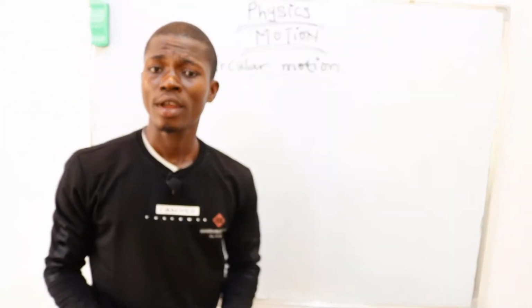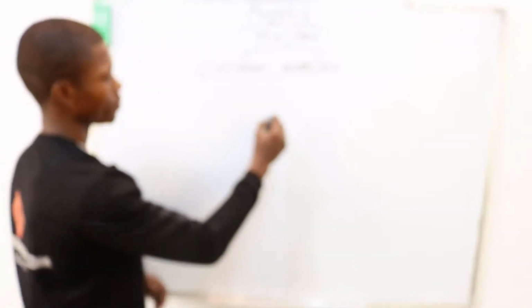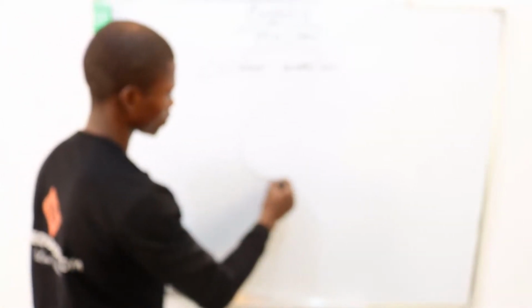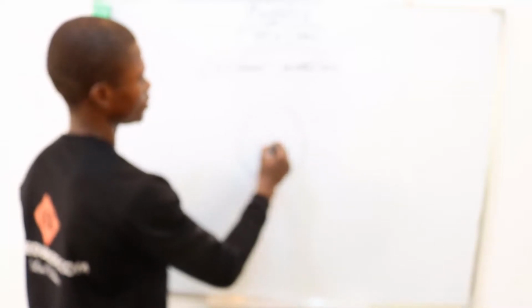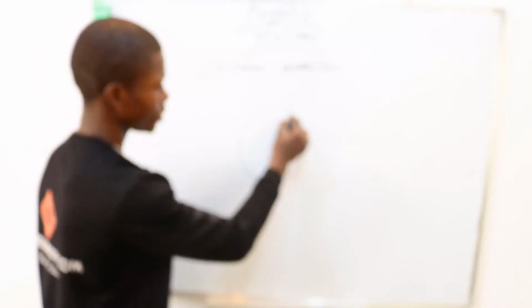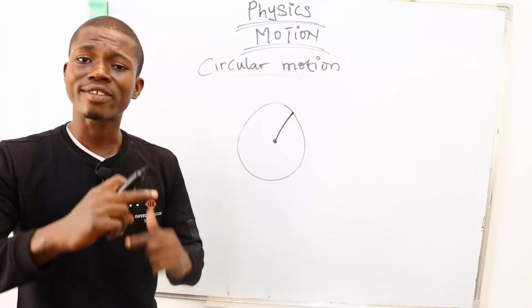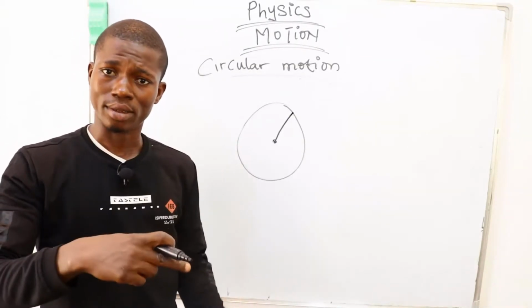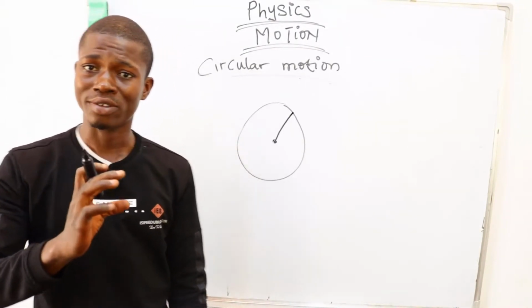Okay, let's go over to angular velocity now. Let me say this is a circle, and this is the center of the circle. Do you get? Let me say this is our radius. If a circle is rotating, it is said to have angular velocity.